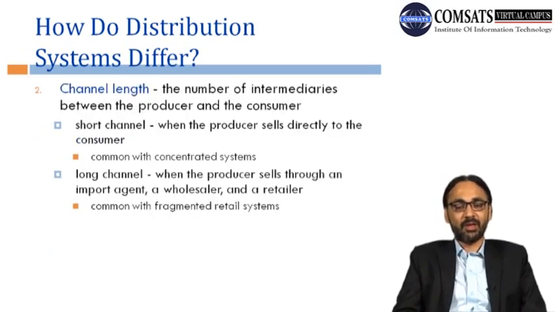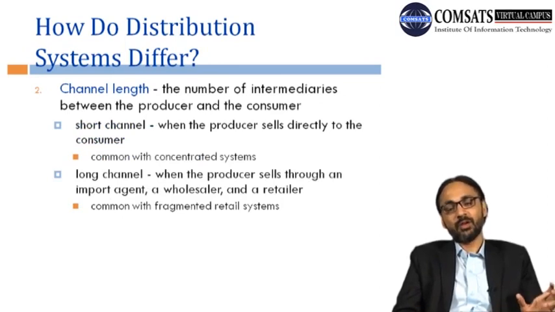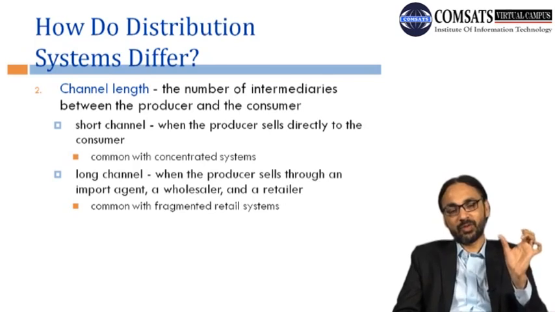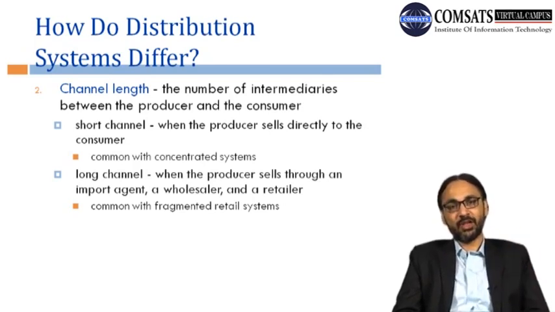The second one is channel length, the number of intermediaries between the producer and the consumer. People who are involved between the producer and the consumer. If many people are involved, then that channel is considered lengthy, and if the number of people between the producer and consumer is less, then there is a short channel.